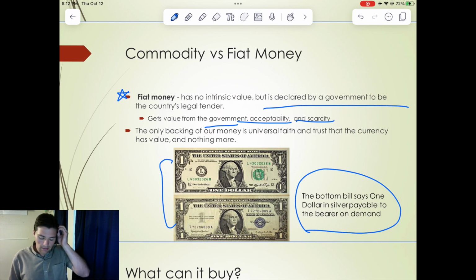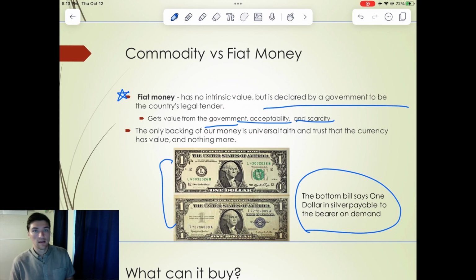And so that is what fiat money is. Anytime you hear the word fiat money, it is paper money. The only backing of our money is universal faith. Basically, I'm taking this $5 from you because I have the faith that I can use this later, and trust that that currency has value and nothing more.